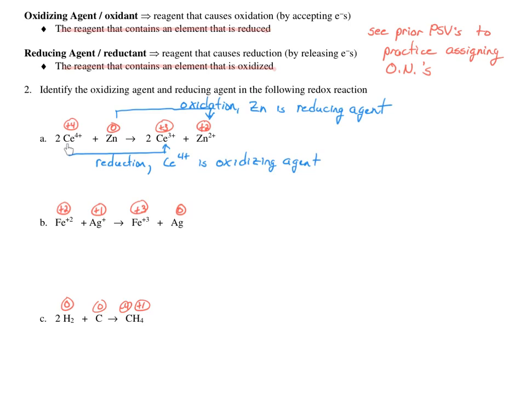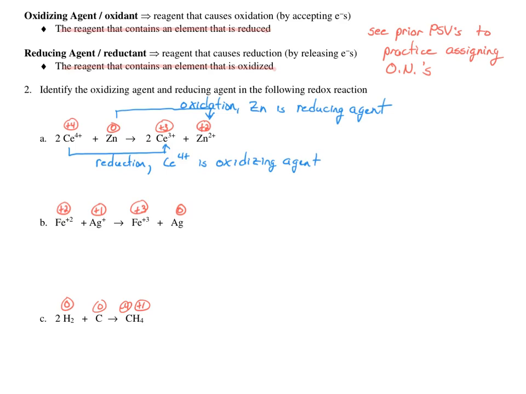We see here that the element cerium has been reduced from +4 down to +3. It's done that by accepting an electron and therefore assisting the oxidation of the zinc. So cerium +4 is the oxidizing agent. Zinc is oxidized.